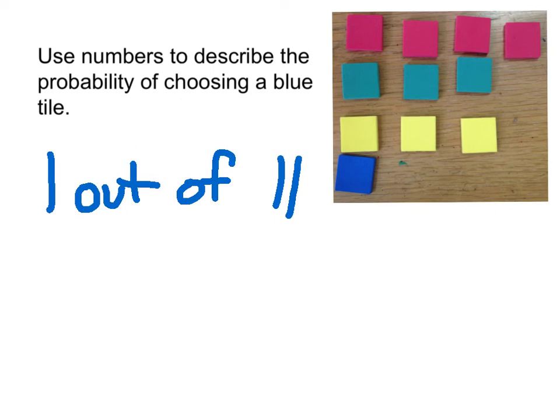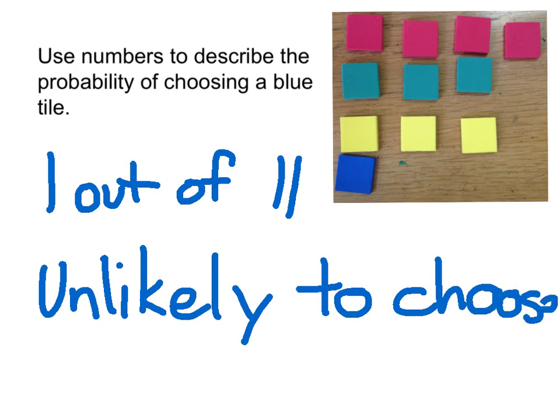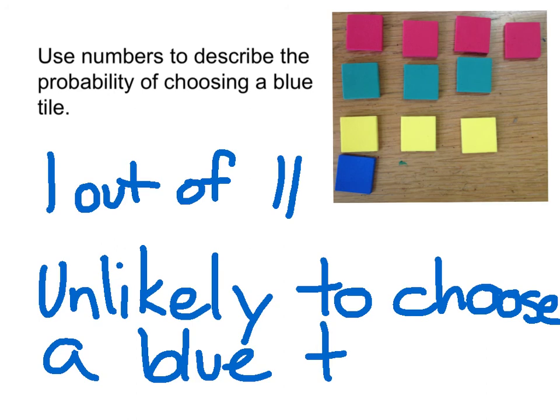And if we were to use this in our words, we would be unlikely to choose a blue tile. So to write this in numbers, we would say 1 out of 11, or to write this in words, we would say unlikely to choose a blue tile.